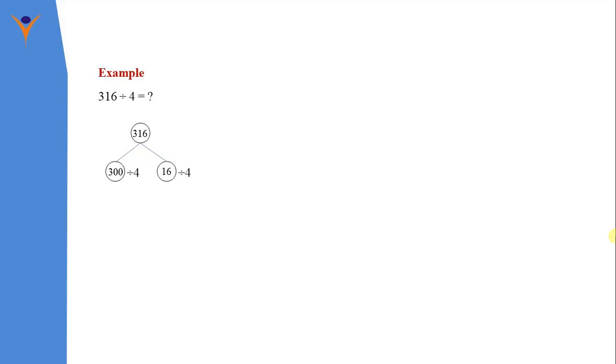So we are dividing by 4. 300 divided by 4 is 75. 16 divided by 4 is 4. So now we add the results, 75 plus 4, and that gives us 79. Therefore, 316 divided by 4 equals 79. Perfect.